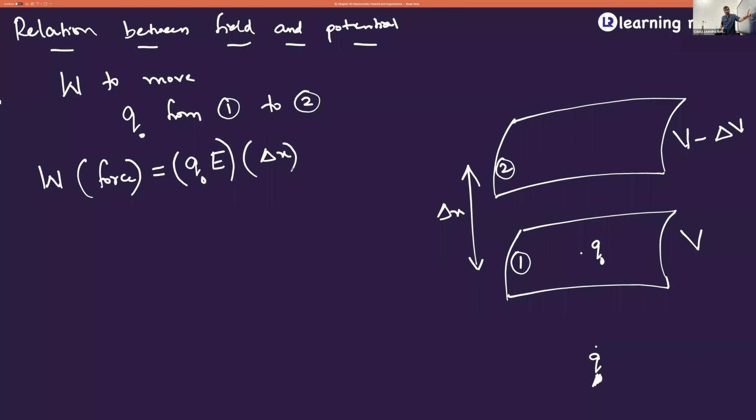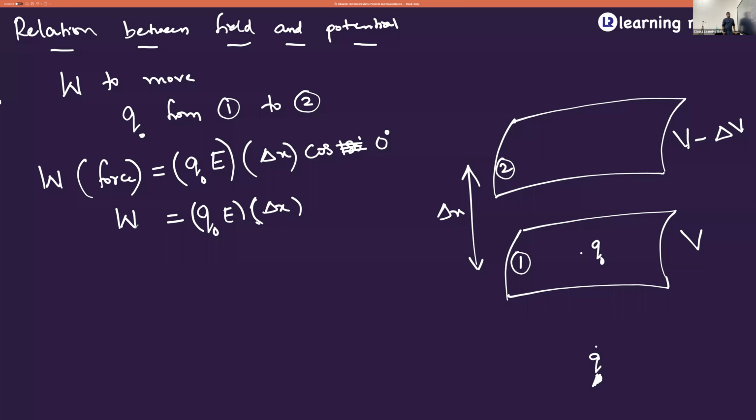Electric field is like this. Force is in this direction. Displacement is also in the same direction. So F into S into cos of 0 degrees. Sorry, not cos 180, I'm sorry, cos 0. So Q naught into E into delta X. So this is going to be the amount of work done by the force.